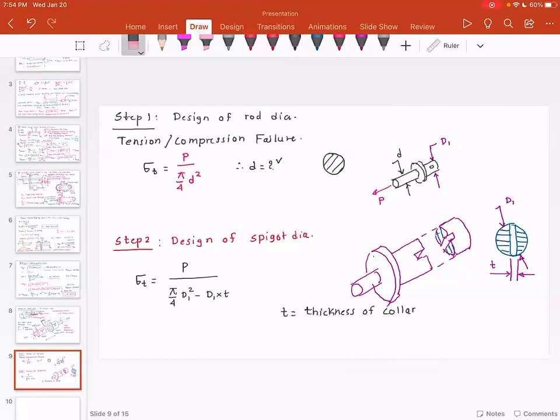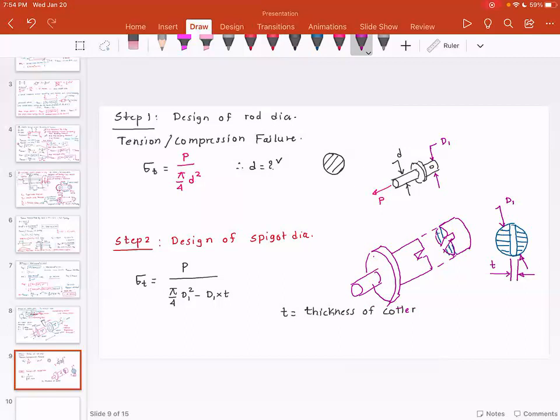Now some of you may ask me, there are two unknowns, and that is absolutely correct, that in this equation there is d1 which is unknown and t that is also unknown. So we will need one more equation to solve this.